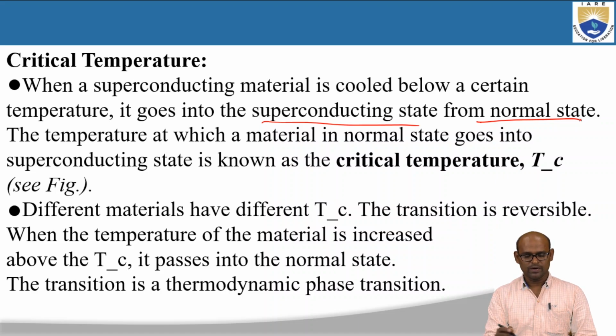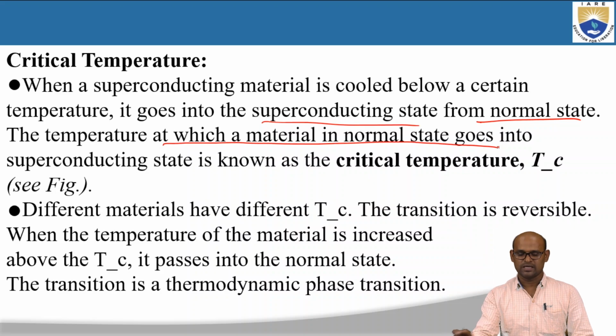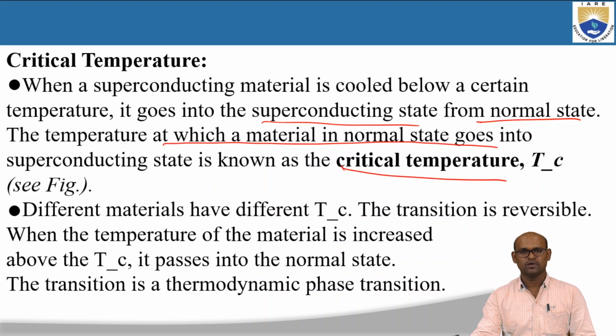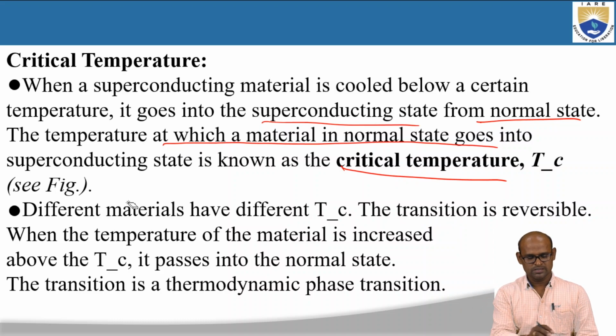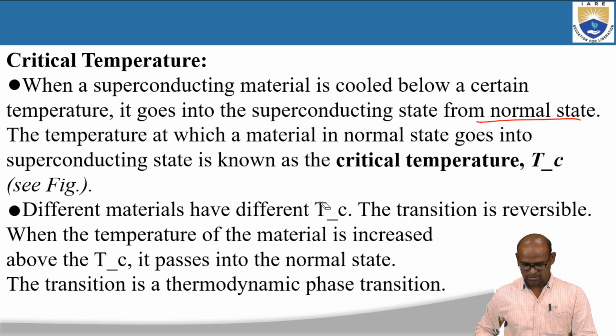The temperature at which a material in the normal state goes into the superconducting state is called the critical temperature, and different superconducting materials have different critical temperatures. This transition is also reversible: as we increase the temperature above Tc, the material will go from the superconducting state to the normal state. So this transition is reversible, and this is a thermodynamic transition.